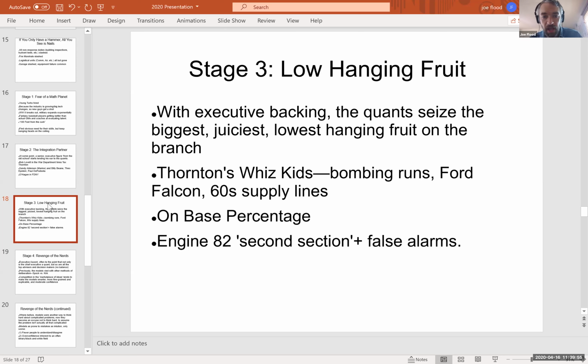The Ford Falcon is a famous car from the 1960s that was rooted in a statistical realization that people who had more money were buying smaller cars. Not the trend of the 1960s. What's going on here? So they built a small, light, efficient car. The Ford Falcon was incredibly successful. Baseball's on-base percentage.